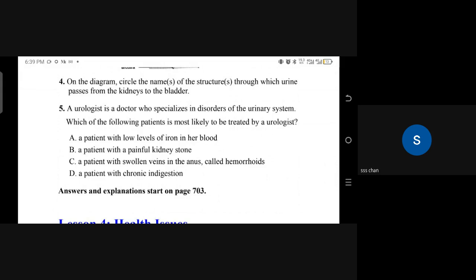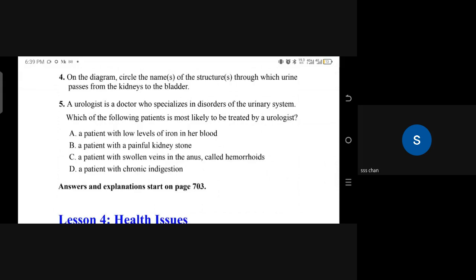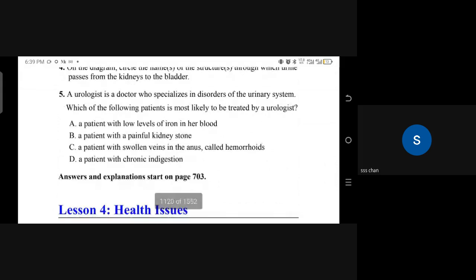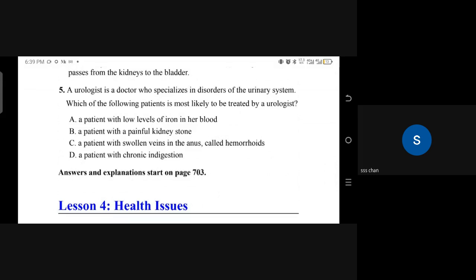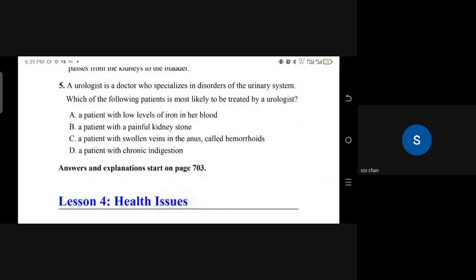C, a person with swollen veins in the anus called hemorrhoids. D, a person with chronic indigestion.